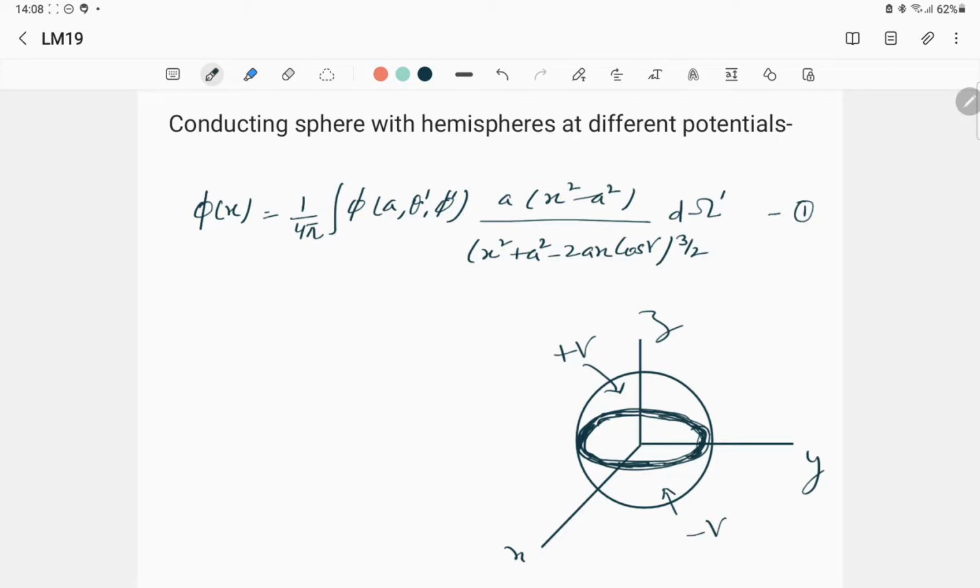Now let us consider the potentials as plus minus V. And since arbitrary potentials can be handled by superposition of the solution for a sphere at fixed potential over its whole surface, this insulating ring lies in the z equal to 0 plane, as we have shown in the diagram, and the upper hemisphere is at potential plus V and the lower hemisphere is at potential minus V.